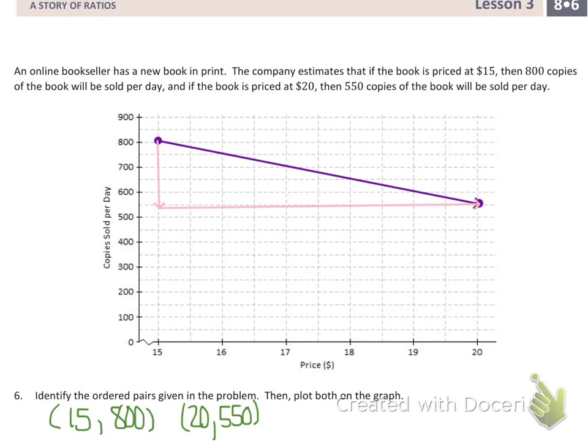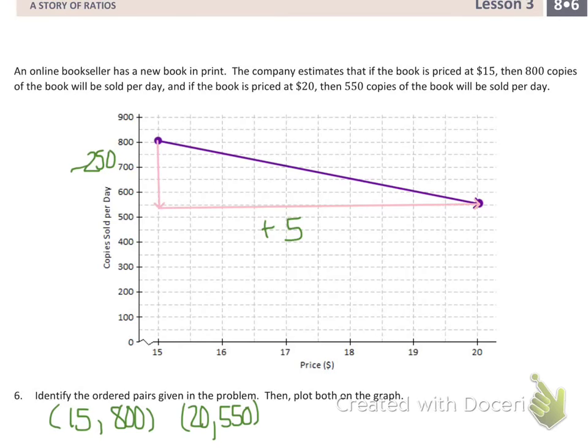About a 250 decrease in number of copies sold. So this is negative 250 here, and this is plus 5.